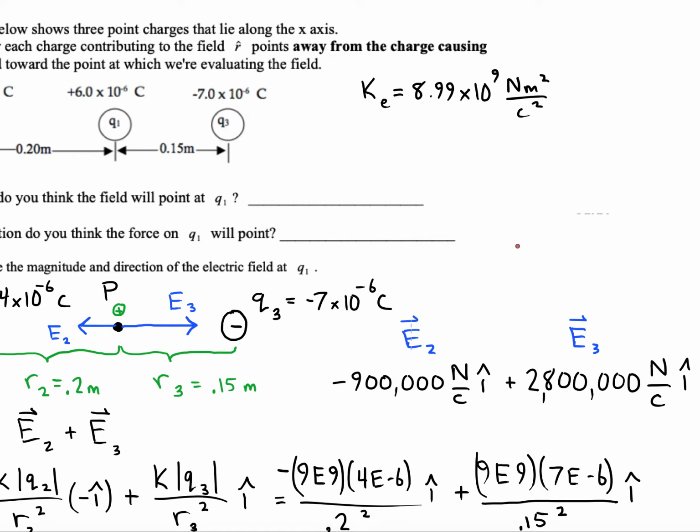We want to now add them together to get E total. It ends up being 1,900,000 newtons per coulomb.